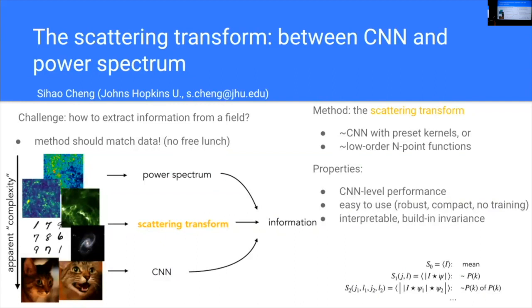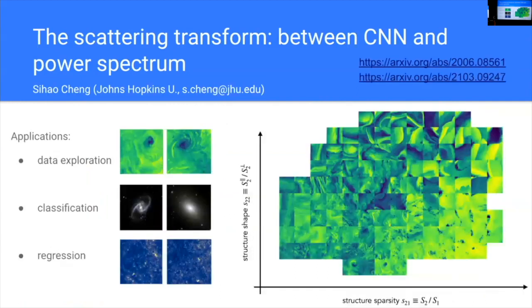So the next slide, yeah, I think what George mentioned is very nice, which is that these problems are actually about reducing the dimensionality of a high dimension object, a field. And the scattering transform provides you such a representation.